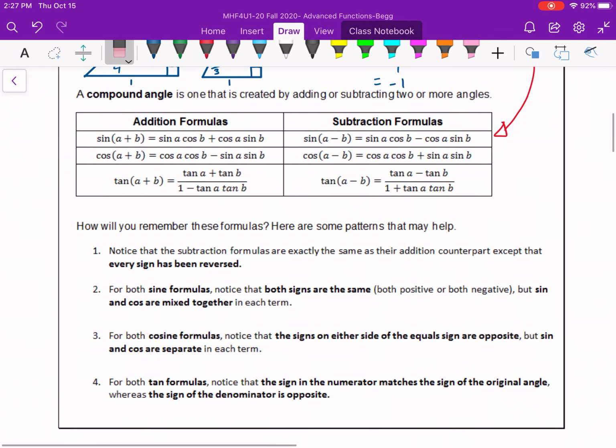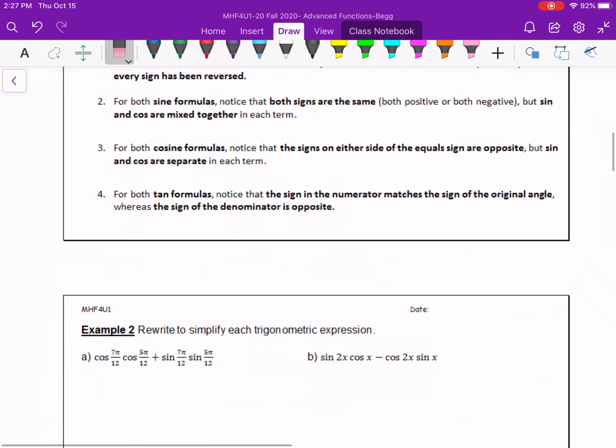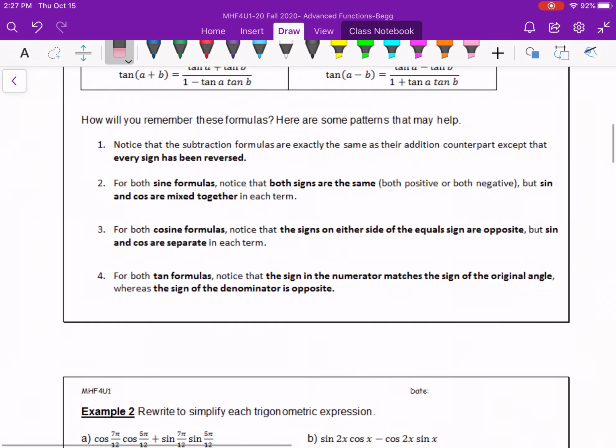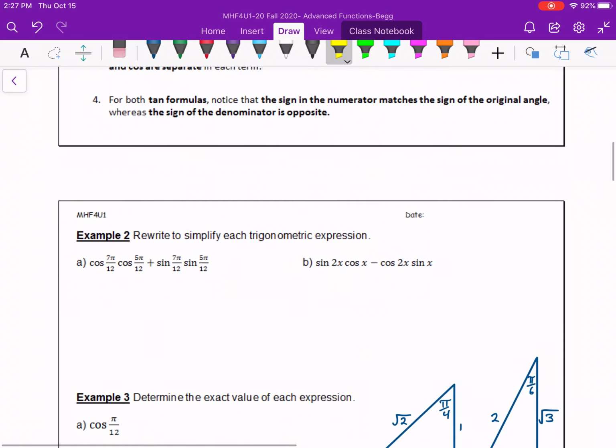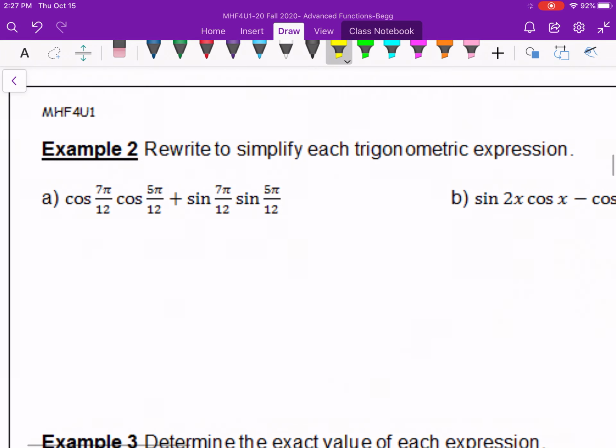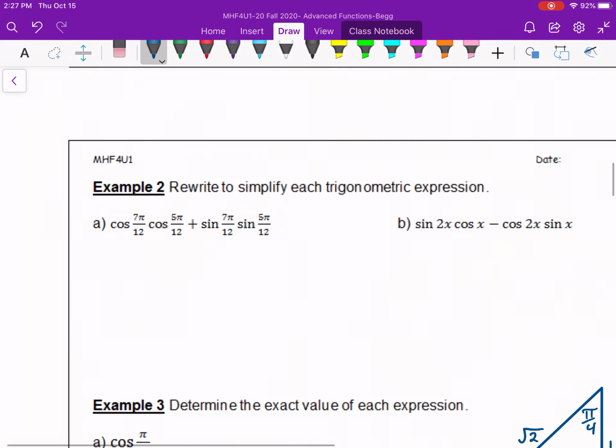I'm not even worrying what the angles are right now, that looks like this one here, right? Cos A times cos B plus sine A times sine B. I could work that backwards and write it as cos of A minus B. So instead of having A and B, what I've got is 7 pi over 12 and 5 pi over 12. So those are my A and my B as far as the formula goes.